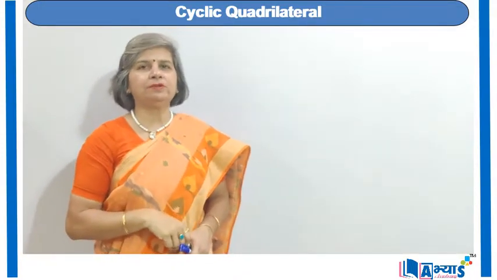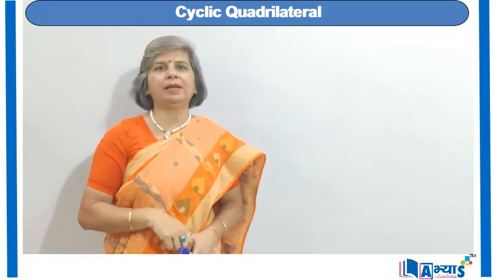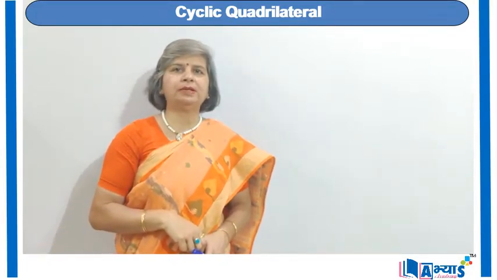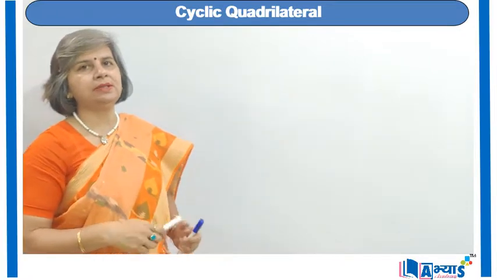Now let us discuss the converse of the theorem. That means if in a quadrilateral the sum of a pair of opposite angles is 180 degrees, then the quadrilateral is a cyclic quadrilateral.